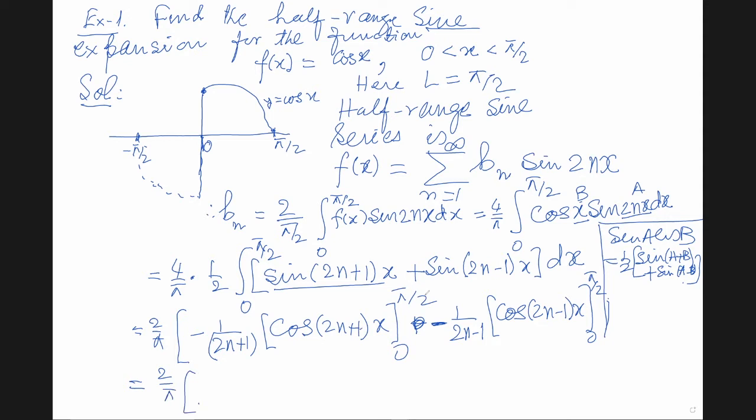Cosine of odd multiple of pi by 2 is 0. So here will be 0 minus 1. Cosine 0 is 1. Again here cosine of odd multiple of pi by 2.